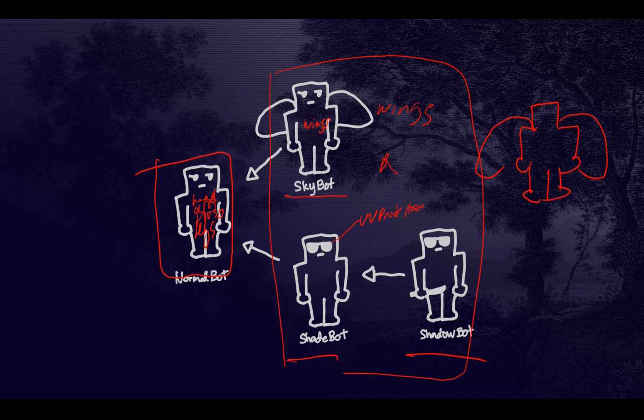If this specialization has flight capabilities, then you add attributes for wings. If this other specialization has UV protection capabilities, you add attributes or methods for shades. This specialization, Shadowbot, a specialization of Shadebot, has a knife, for example. So you just add what makes ShadowBot special from ShadeBot.